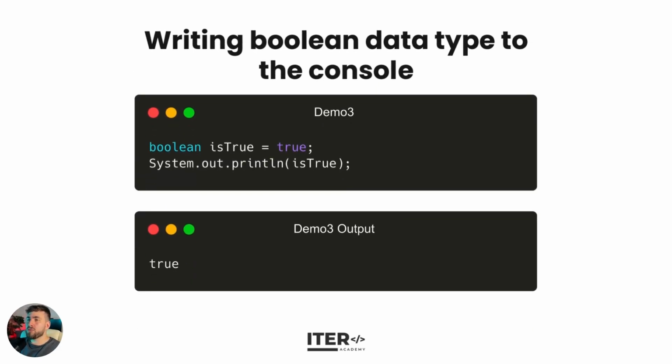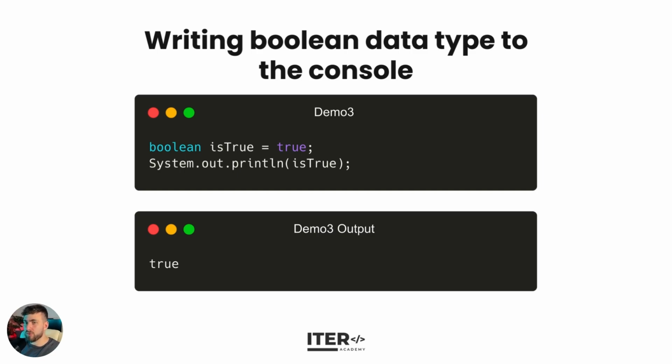We can also write boolean values to the console, and here is an example. So as you can see at the demo 3, we define the boolean variable named isTrue, and the value of the variable is true. After that, we use the System.out.println statement to print the value of the boolean variable isTrue to the console.